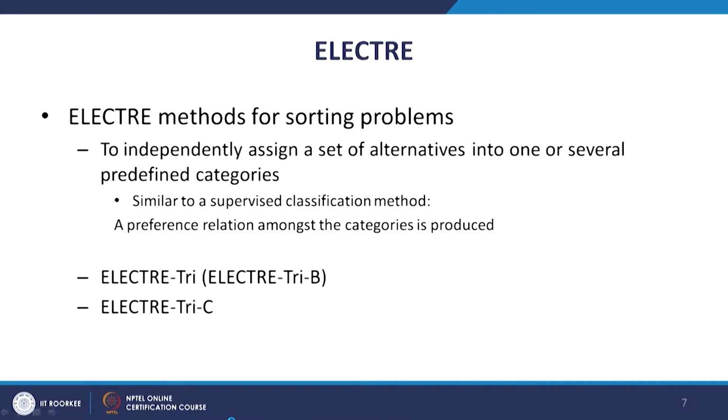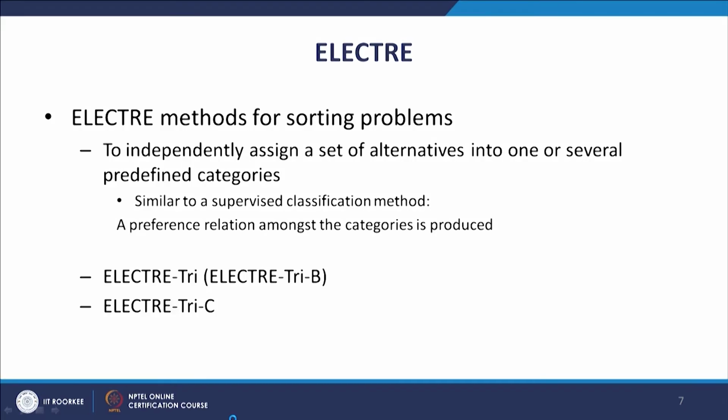The ELECTRE methods which can be used to solve sorting decision problems are ELECTRE Tri, also called ELECTRE Tri-B, and ELECTRE Tri-C. So, these are the methods which can be used. What are the inputs that we require from decision makers to implement the ELECTRE technique?